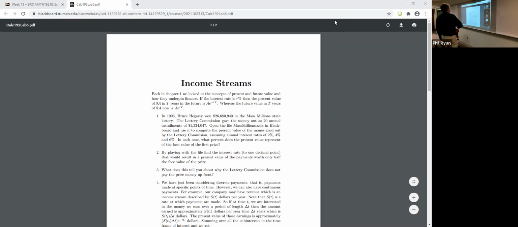So if you open up the Excel file, you can figure out, based on different interest rates, what the present value actually is. And you see that by doing this, the state actually saves quite a bit of money. Okay, so it's just an exercise in playing with Excel.